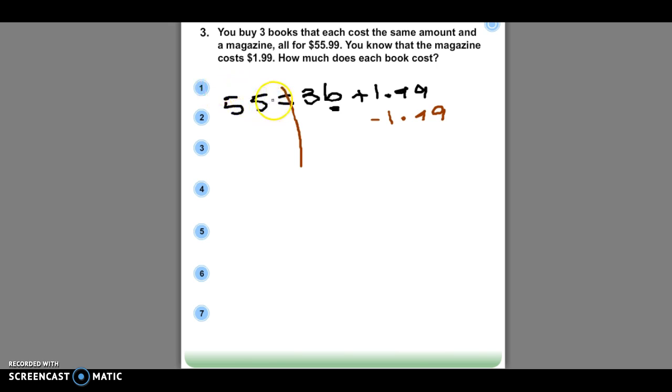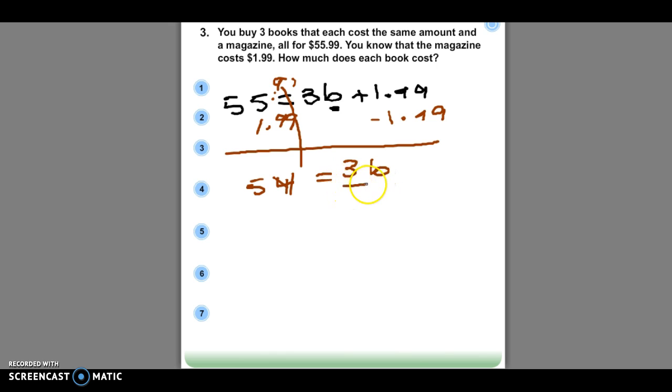Remember, this was $55.99 that I forgot about. So we actually end up with 54 is equal to 3B.